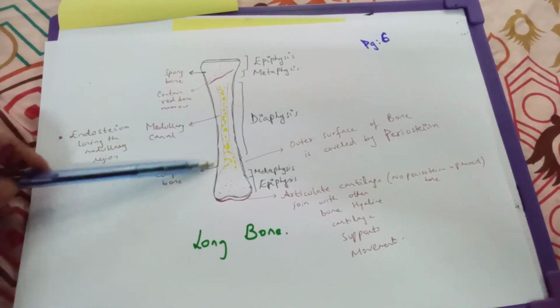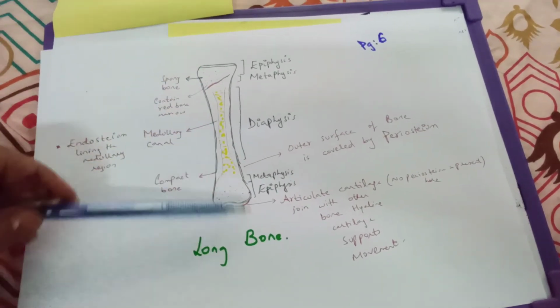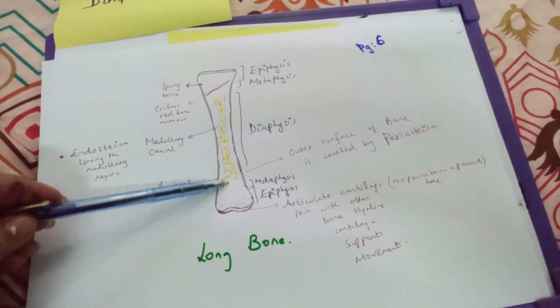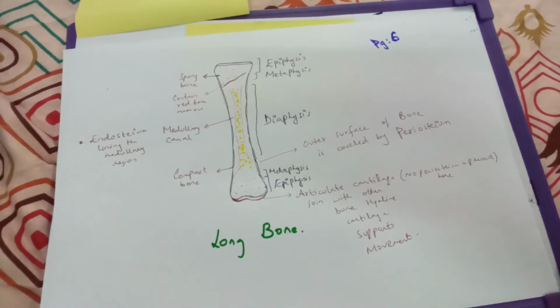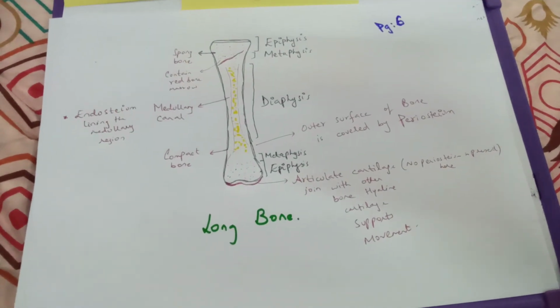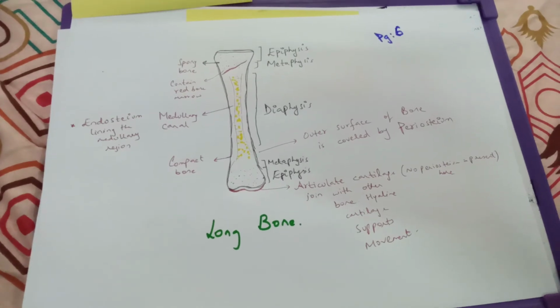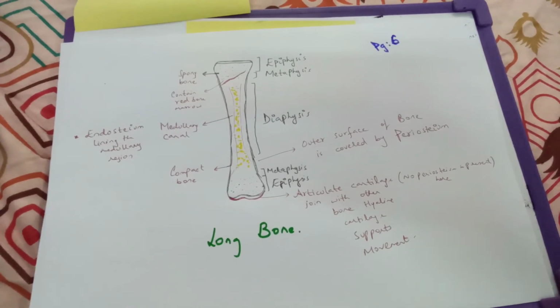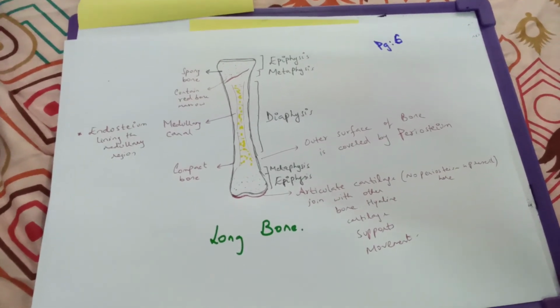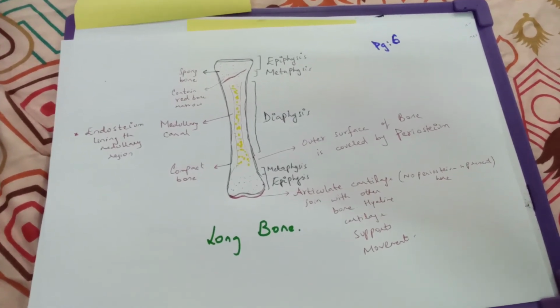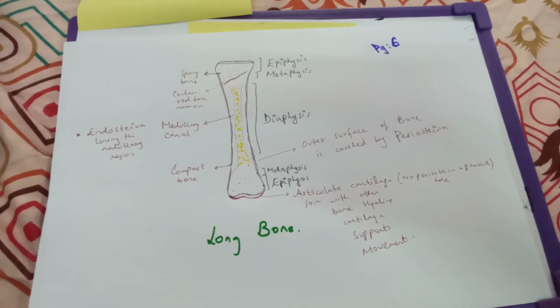ये आपके पास जो है आउटर रीजन बोन को कहते हैं कि it is periosteum, and the internal medullary region, the medullary region is lined by the endosteum, periosteum and endosteum. Okay, periosteum is lining the bone from outer side, and endosteum is lining the which part, the medullary canal.